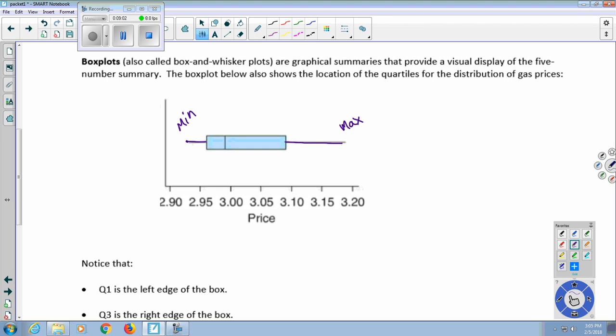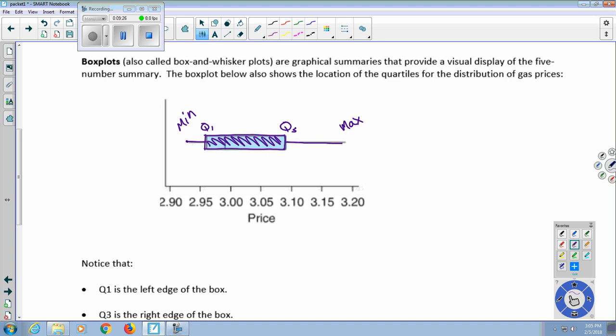Q1 is always this left part of the rectangle, and Q3 is the right part. So over here I have Q1, this is Q3. Remember that the IQR is the difference between Q3 and Q1, so the IQR is the length of your rectangle.